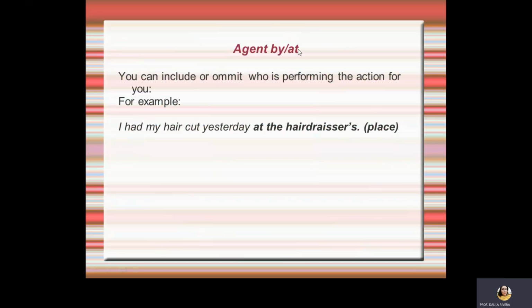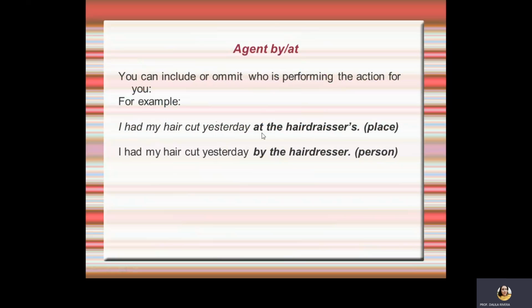Okay, well, agent, by, or at. Sometimes we're going to add or include in the sentence who performed the action. As you have it here, you can include or omit who is performing the action for you. For example, I had my hair cut yesterday. If you have this, it's correct.